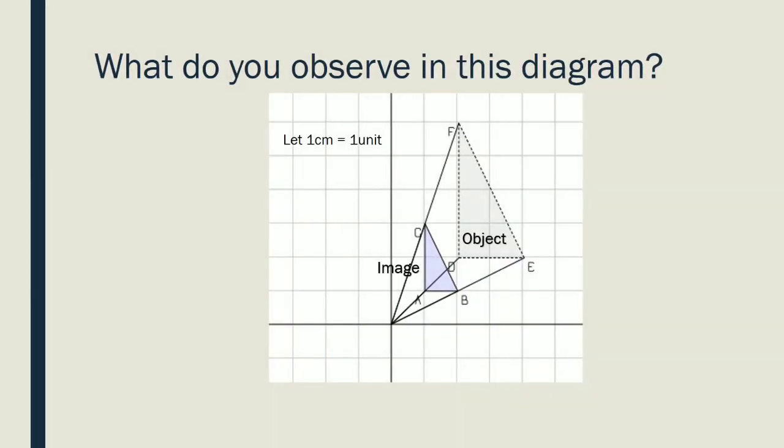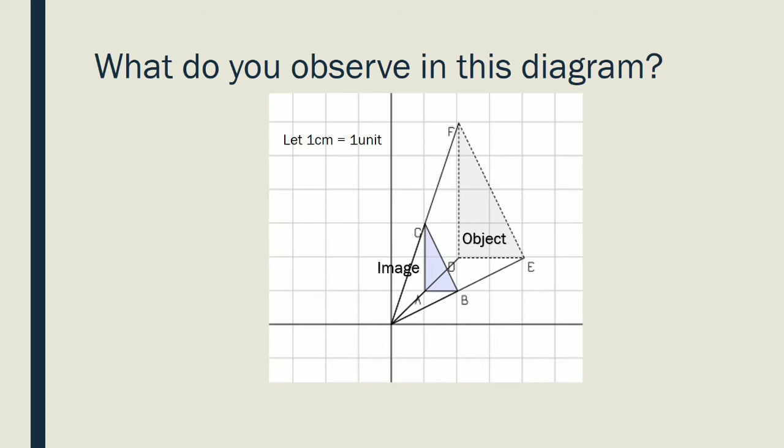Here's another example for you to look at. You are told that 1 centimeter represents 1 unit. From the diagram, we can see that AB is 1 unit long, while AC is 2 units long. Also, DE is 2 units long, while DF is 4 units long.